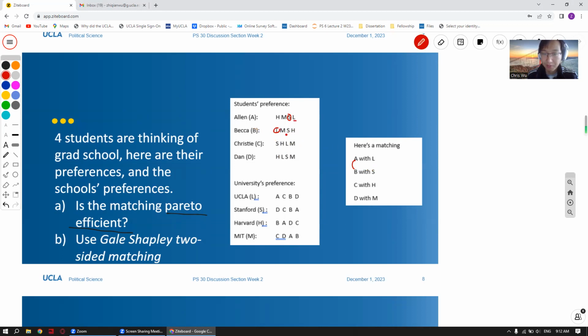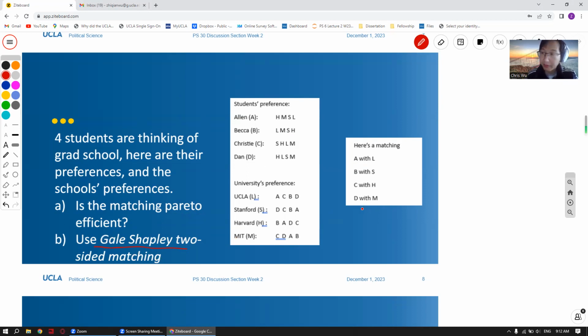So that's another possible swap that could change the outcome for the better. So there are many different ways we can show that this is not a Pareto efficient matching for the students. What about if I want to just use the Gale-Shapley two-sided matching method from beginning to end to find a particular solution that is stable?